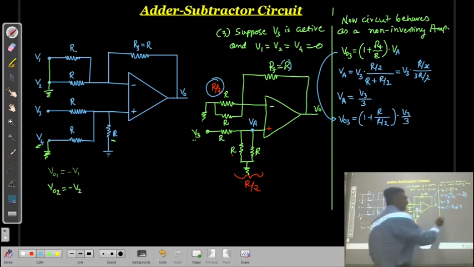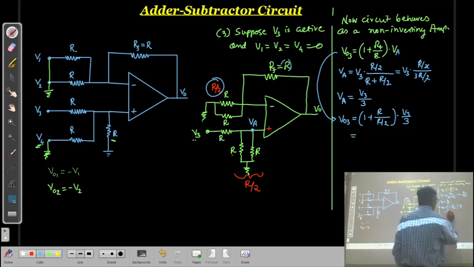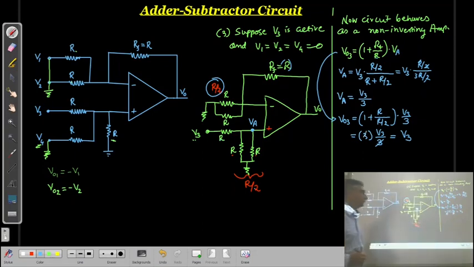So here if you calculate, R by 2 is that, so 2R and R will be cancelled. So this will be 3 into V3 by 3, and that is equal to V3. This will be cancelled. Correct? So here we can write that VO3 is equal to V3.